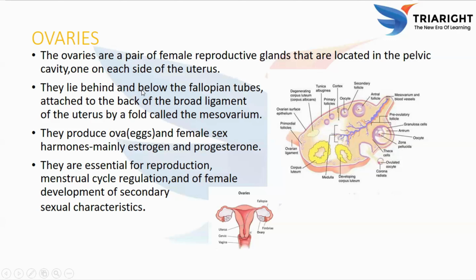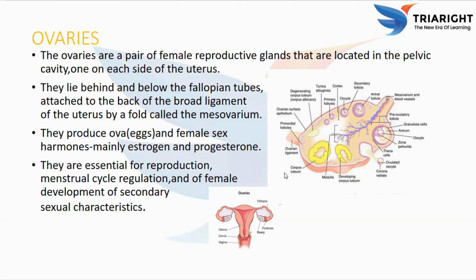So what are the functions of the ovaries? You have learned about the structure, the shape and also the microscopic structure of the ovaries, right? Now coming to the function of the ovaries, they have reproductive function, endocrine function and also regulatory function. In reproductive function, it produces the ova which are utilized for fertilization.